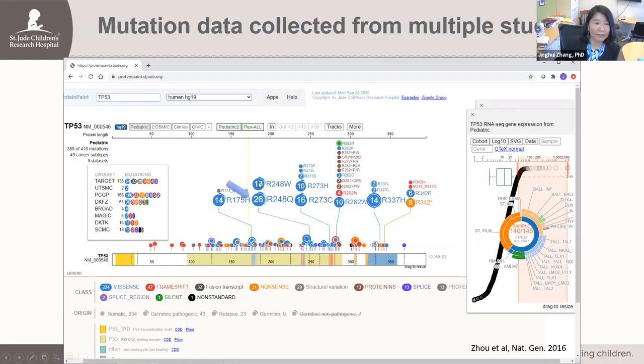I want to point out that in this p53, there's the R248Q mutation that we can see. It is not only a hotspot in the diagnostic samples, but was also present in the relapse at the hotspot, which is not found in any of the other hotspot mutations, suggesting there's some unique mutagenesis mechanism leading to this hotspot mutation. And we are currently investigating this in collaboration with our Shanghai colleagues, doing the cell line model.